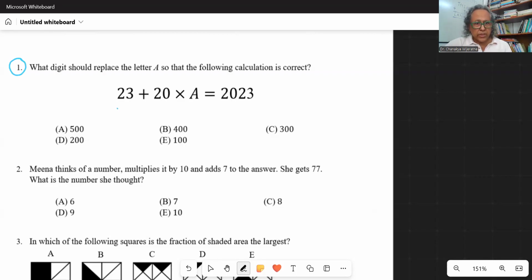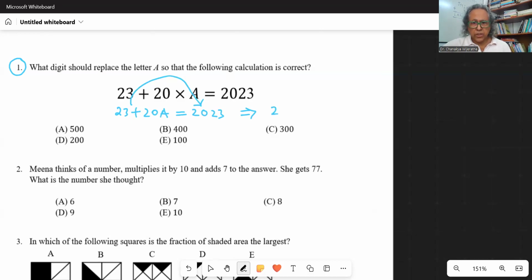So this is 23 plus 20 times A. We can write it without using the multiplication symbol: 20A is equal to 2023. And then we need to solve this for A, right? So we bring 23 to the right-hand side.